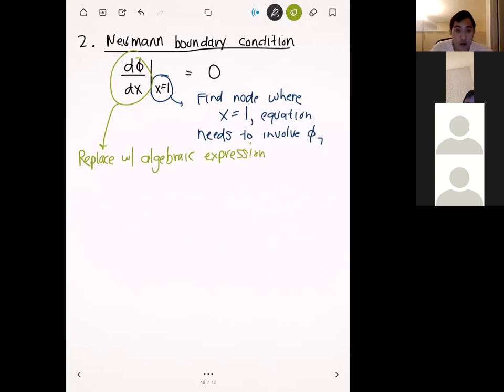In particular, since we just got finished learning it, let's replace this with a finite difference approximation. And then let's apply this around i equal to 7.